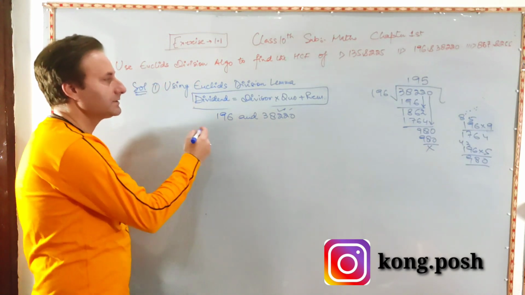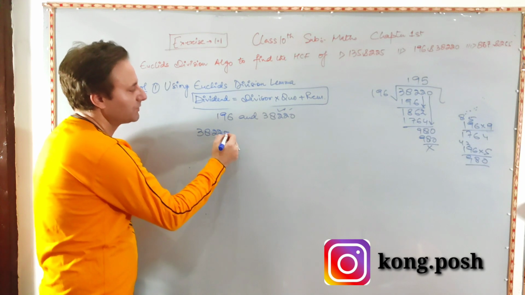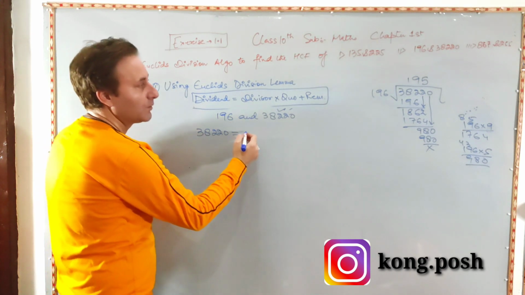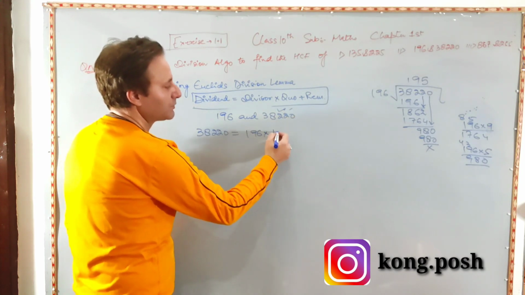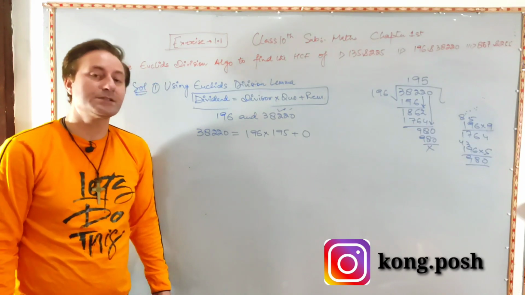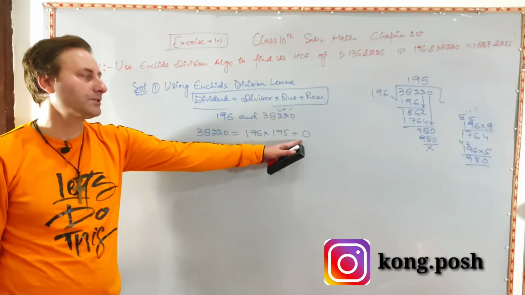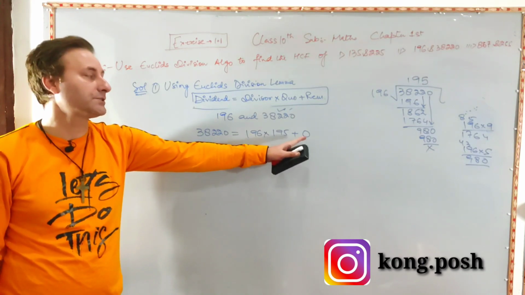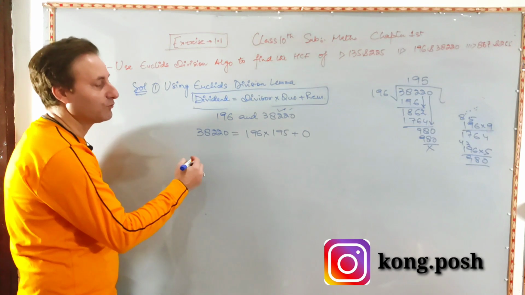So quite easy. So what I will write, I'll write 38220 is equal to 196, that is divisor, into quotient is 195 plus remainder is 0. So this question finishes in the first step itself. Why? Because our thing is that we need to get 0 in the remainder, and that is already there, so we don't need to go further.